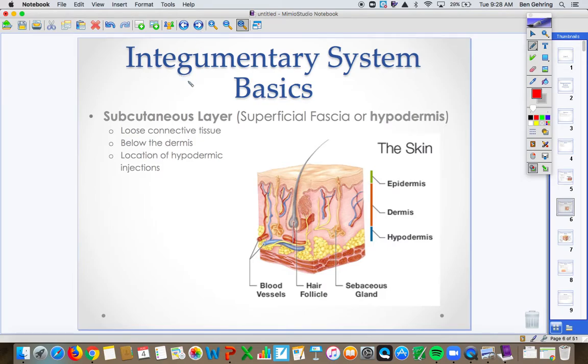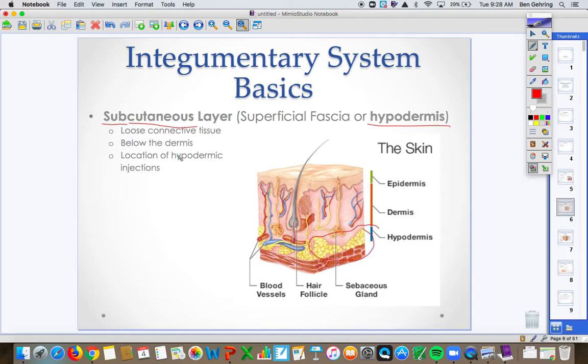Your subcutaneous layer, sorry. Sub being below, cutaneous referring to the skin. So the layer beneath the skin is called the hypodermis. This region down here is known as the hypodermis.